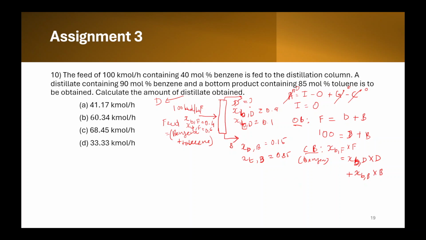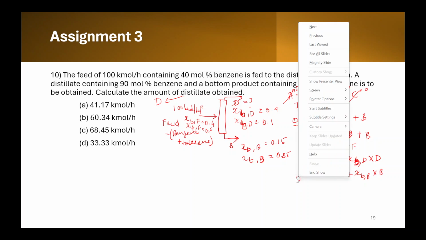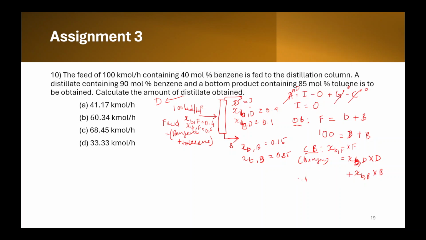We know some of these values, so we put them here. XBF is 0.4 into 100 is equal to XBD, 0.9 into D, plus XBB, 0.15 into B. We still don't know D and B. So these are the two equations which we need to solve.